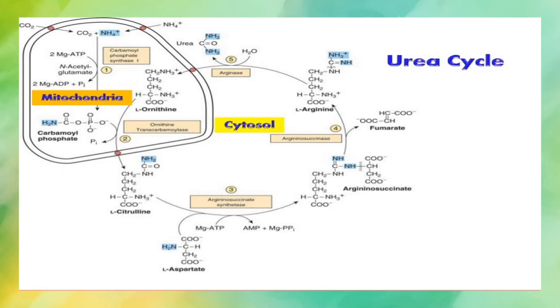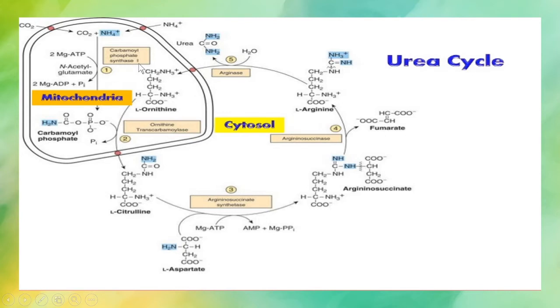Now we see the first step of the urea cycle, which is the formation of carbamoyl phosphate. What happens here? Condensation of ammonium ions with bicarbonate ions results in the formation of carbamoyl phosphate, with the help of the enzyme carbamoyl phosphate synthetase 1 present in liver mitochondria.